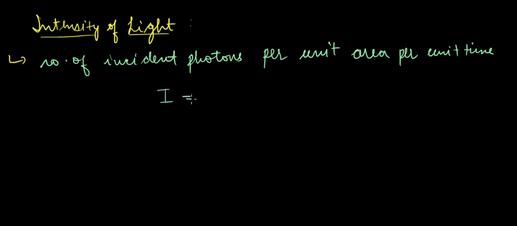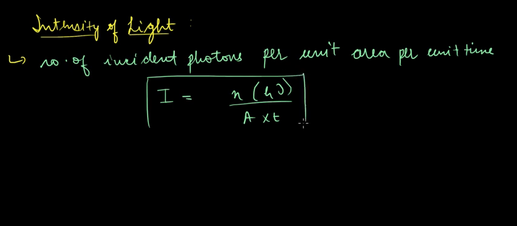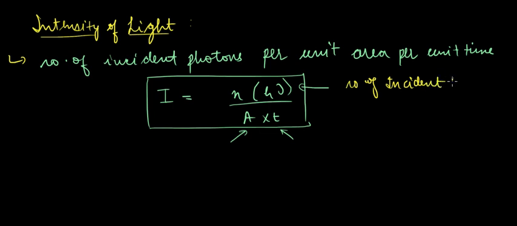So intensity is number of h nu over A into time. So this is the number of photons incident per unit area per unit time.